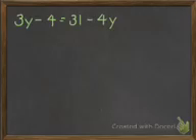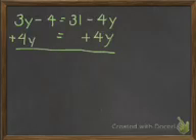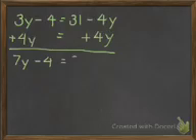Now, solving the first equation with a positive right-hand expression. First, take the smaller y term away from both sides, or take that back. Let's add 4y to both sides to avoid the negative y coefficient, and we get 7y minus 4 is equal to 31.